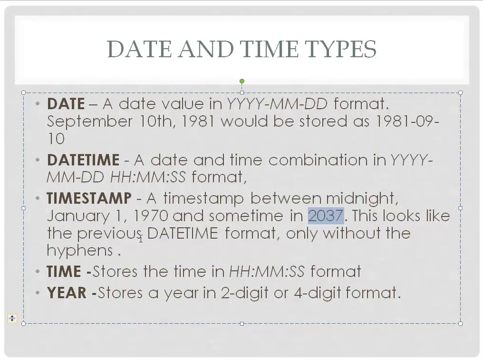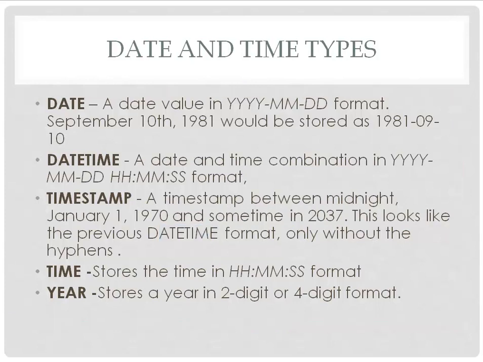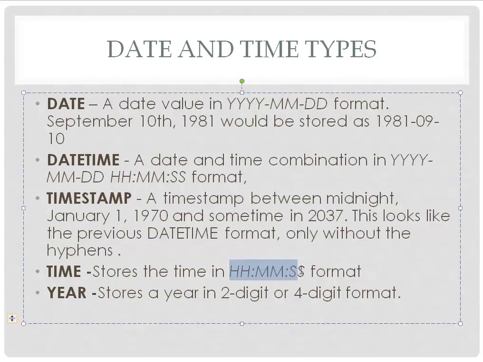So it looks like the date time format, but without the hyphens. Like I said, it's like a long string of numbers. Time basically is just the time, no date, so hours, minutes, seconds. And then a year can store a year in 2-digit or 4-digit format.